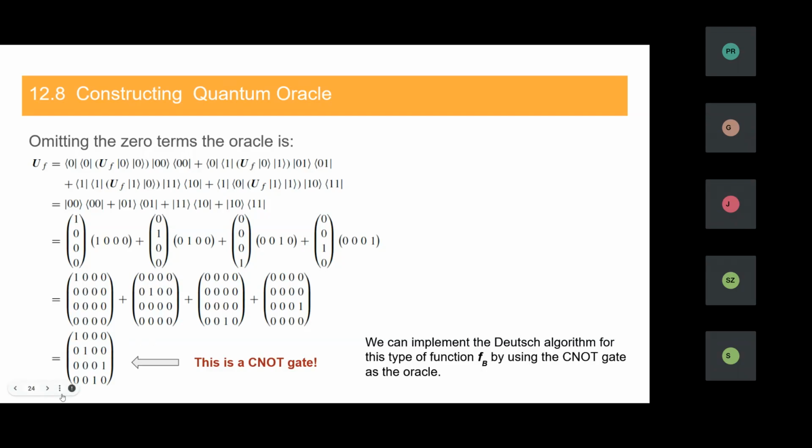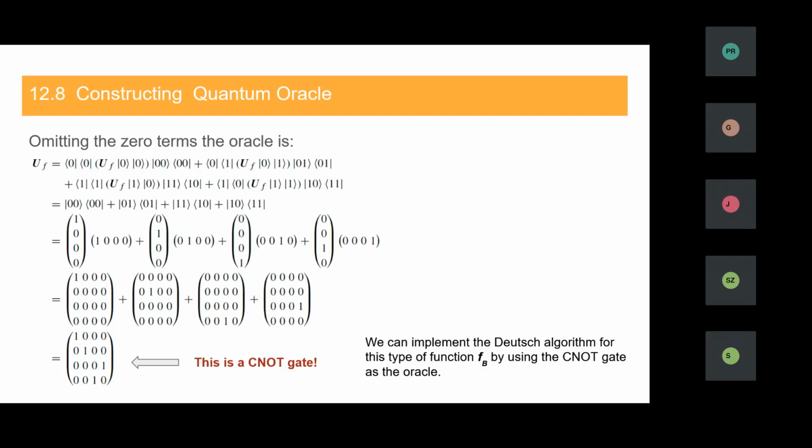So here it is, the same thing expanding out over here and then juggling around with the terms. This gives me this sort of a matrix, and this matrix is a CNOT gate, right? So basically, what it means is the Deutsch algorithm can also be implemented for the function type f_B, and that can be done using the CNOT gate. On similar lines, you can try it for f_C also.